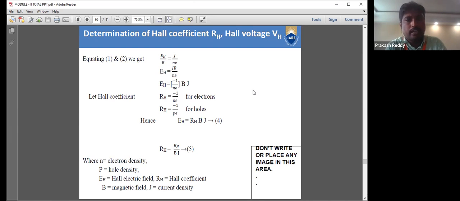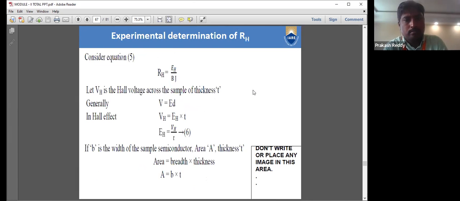Next slide. Take a screenshot of this one also, Amma. Equation 8 and 9 are the same equations. Equation 8 is for the Hall coefficient RH and equation 9 is for VH, the Hall voltage developed across the material.